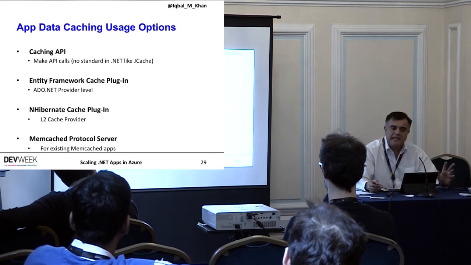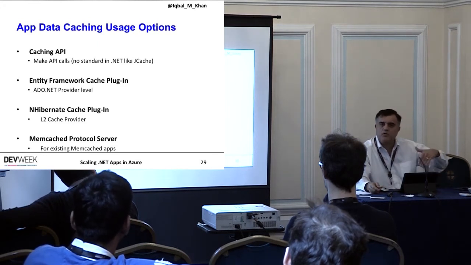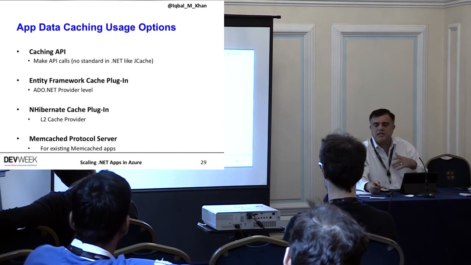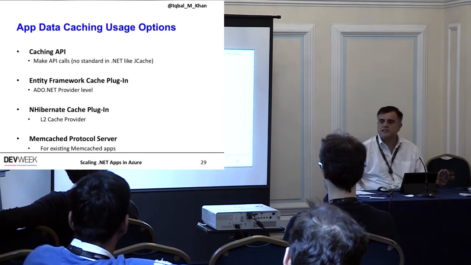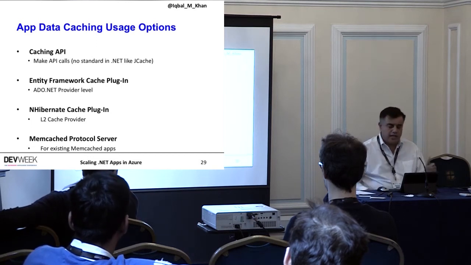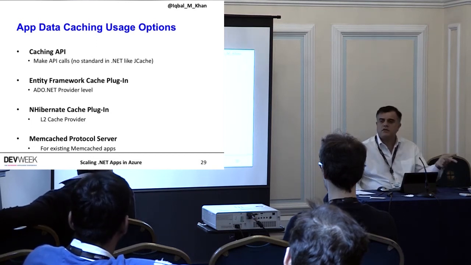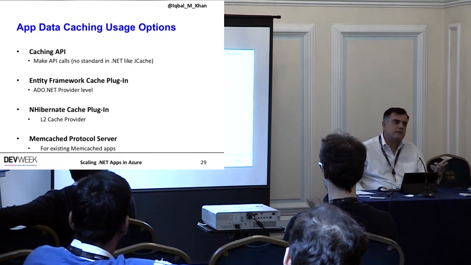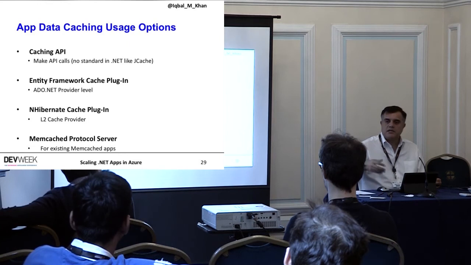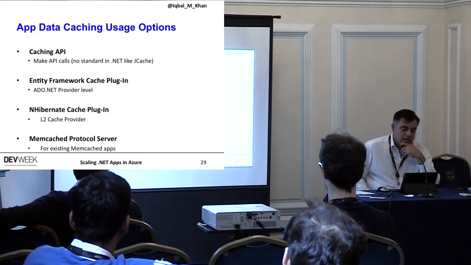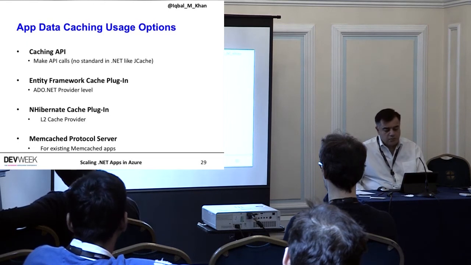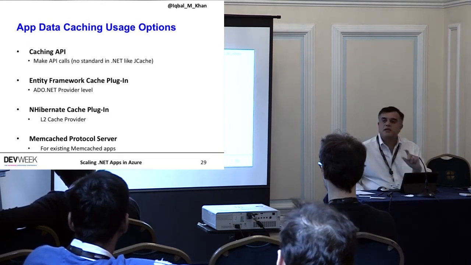So many of the leading caches that were a lot more powerful than Memcached started providing protocol level support of Memcached. So NCache does it. App Fabric, Microsoft uses App Fabric to do so, and there are also third party ones, like Amazon had the Elasticache. So the protocol server exists for that reason.